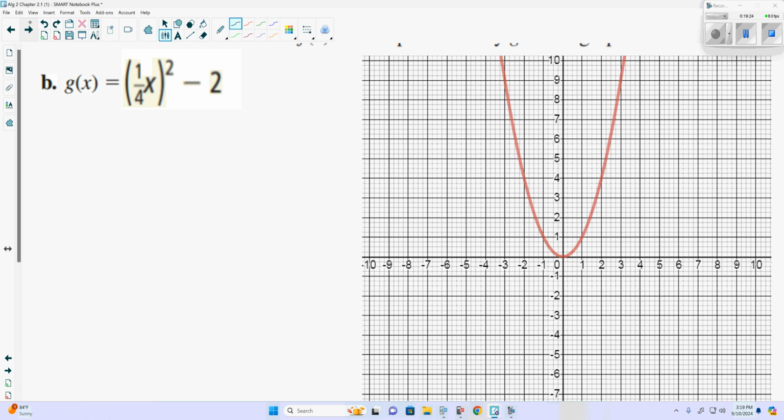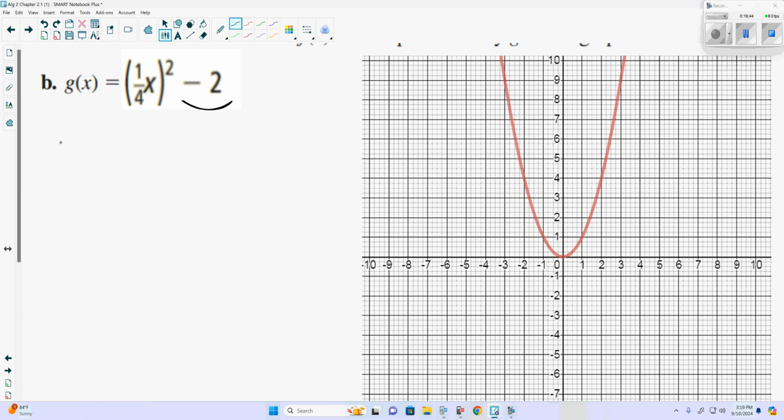All right, guys. Let's look at this here. We have 1/4 x squared minus 2. We have 2 transformations. Let's look at the minus 2 outside the parentheses first. So what would the minus 2 do?